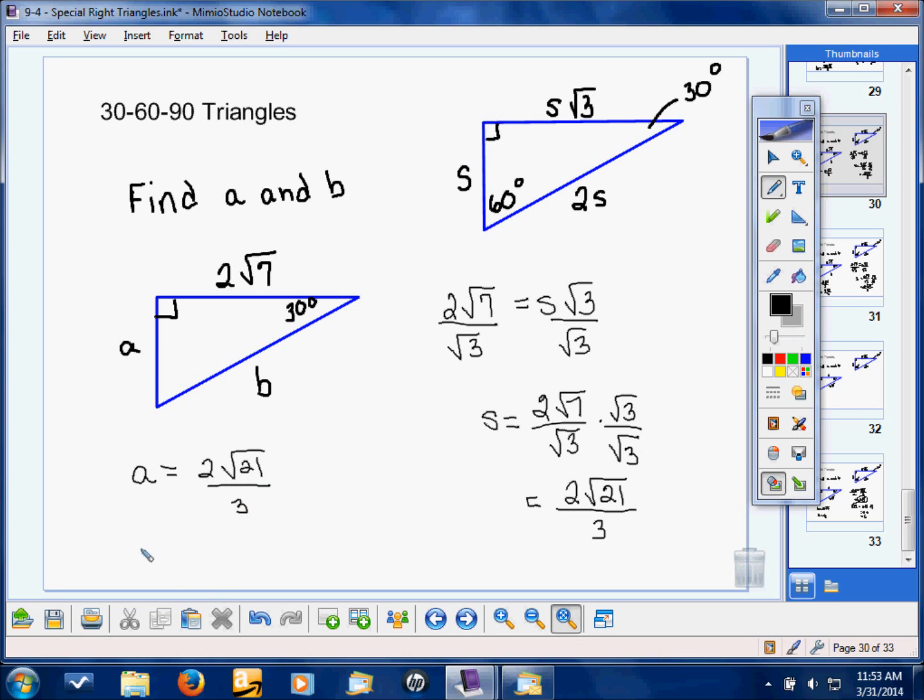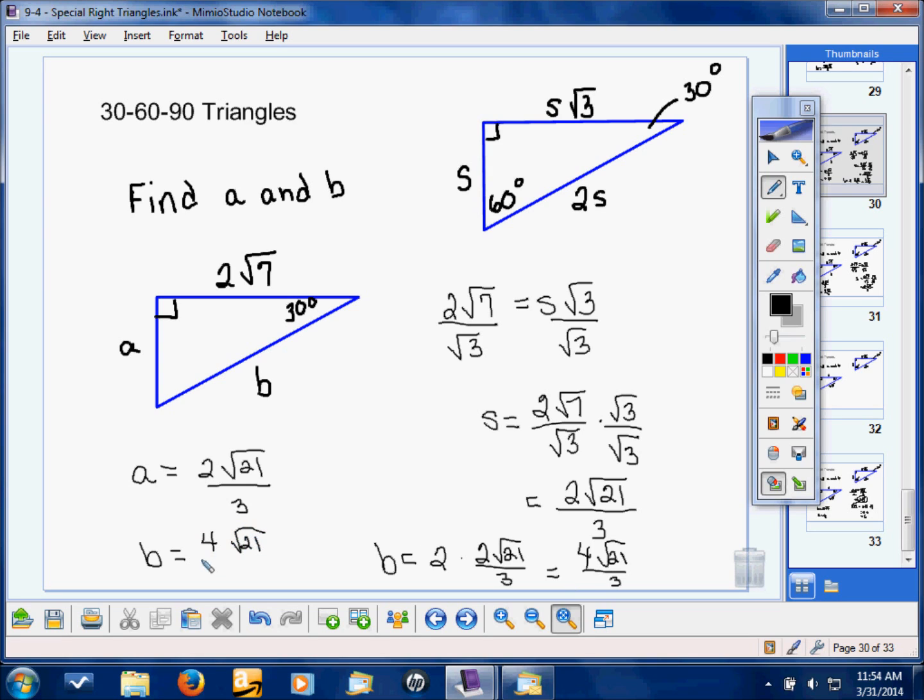And then B we have to multiply times 2. So B is 2 times 2 square root of 21 over 3, which is 4 square root of 21 over 3.